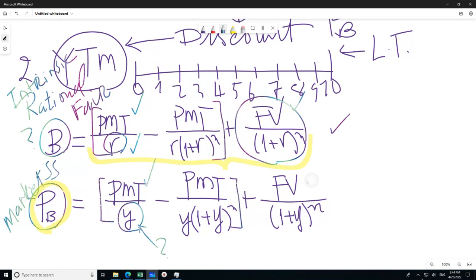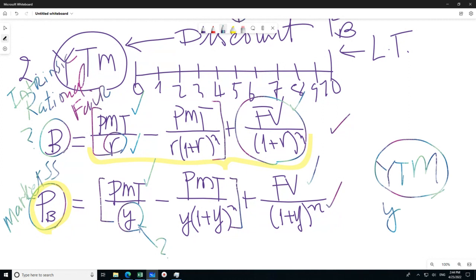And also, think about it. Coupon is given, face value is given, N is given, right? How many years are left, how many semesters are left. It's all given. Then what is the unknown? The only thing that is not given is Y. Okay? And Y stands for yield. Again, I use yield to maturity.